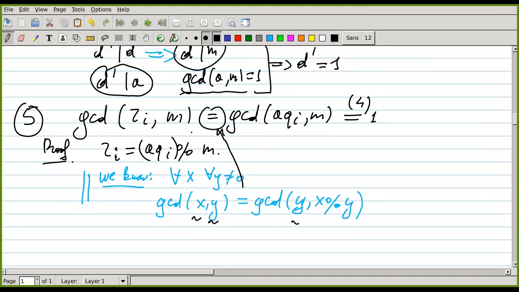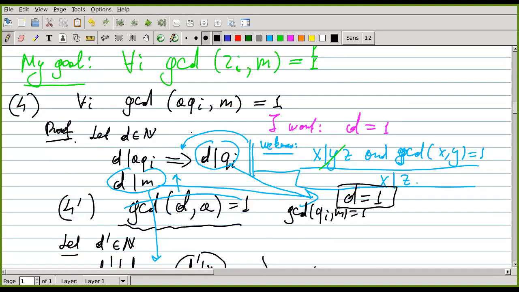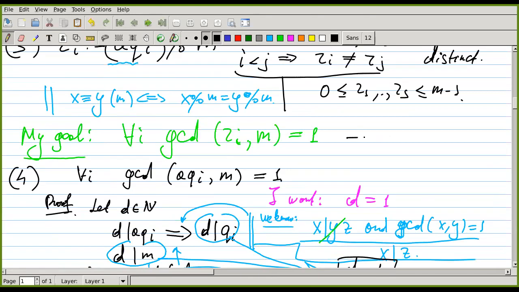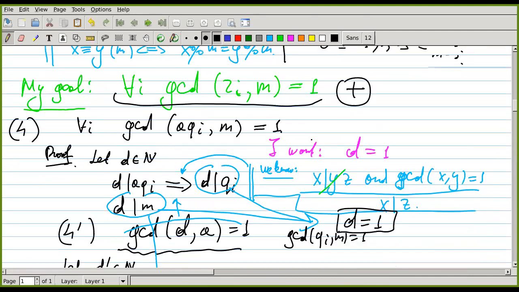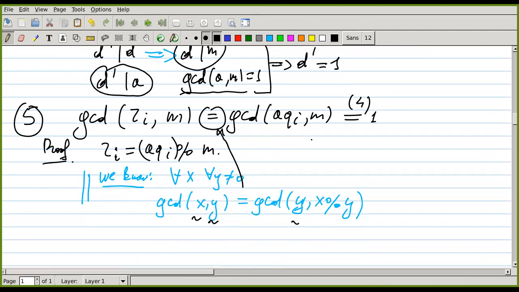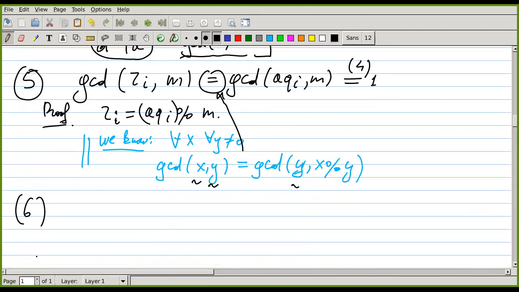So we have accomplished our task. We have proved this goal: every number R is co-prime to M. Do you agree? Yes.